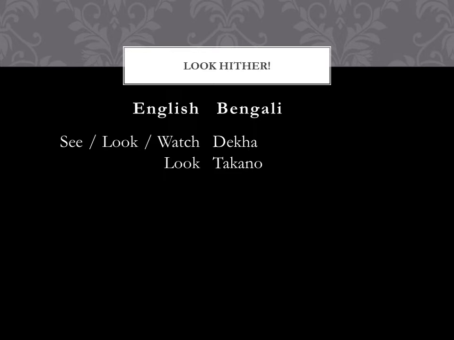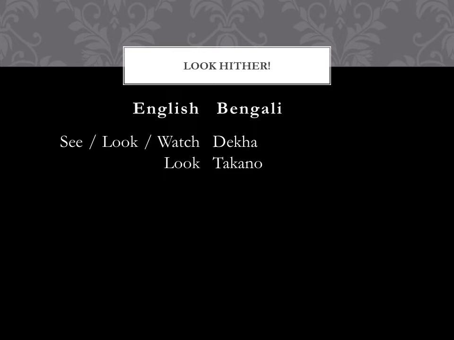But to be honest, in some cases either of the verbs can be used, and it more depends on the context of the talk. It will come with usage. As you gain more mastery over Bengali, you will understand intuitively where to use which verb. But let me just try to point out some differences to start off with.